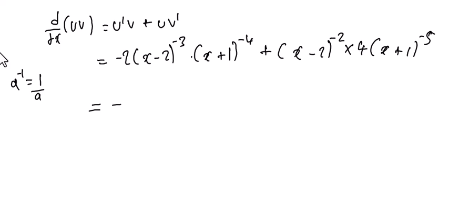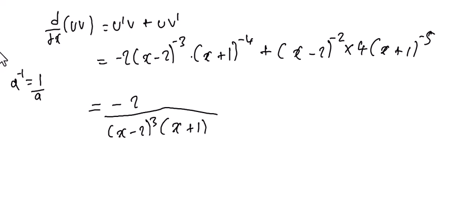We're going to have negative 2 over x minus 2 to the power 3, then x plus 1 to the power 4, then minus, there's a negative here, sorry, minus 4 over x minus 2 to the power 2.